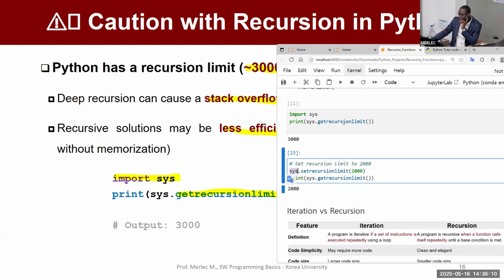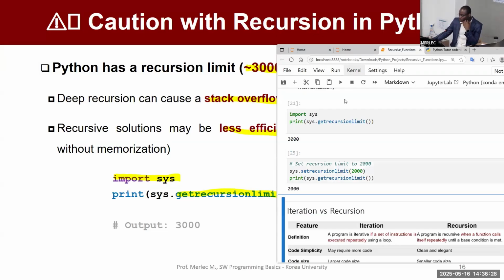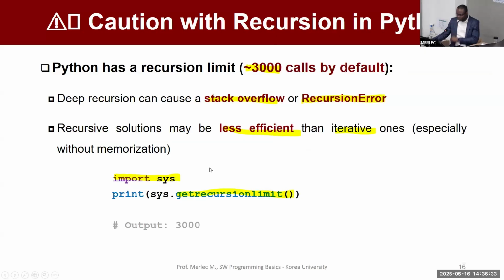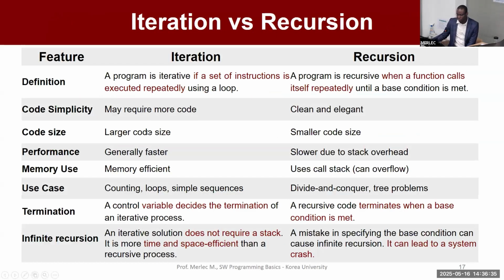This time, instead of using getrecursionlimit, I use setrecursionlimit, and then I send the value of the limit. If you want to set it to 10, you can set it by providing this value. So when I call this function with that argument value, you will see it will now differ from 3000 by default. This is very important to know as well.